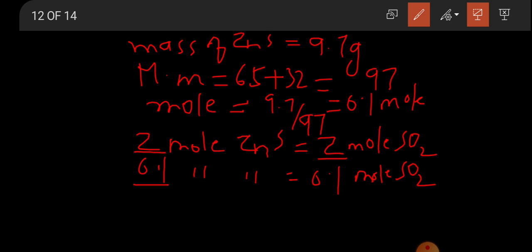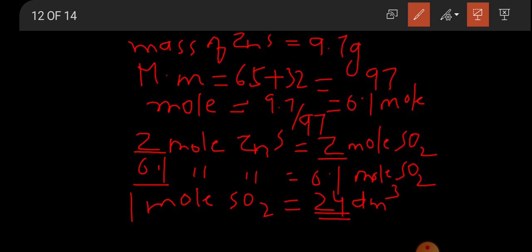Now we must know what is the volume of 1 mole of sulfur dioxide at room temperature and pressure? That is 24 decimeter cube. This is the new information, that at room temperature and pressure 1 mole of any gas occupies a volume of 24 decimeter cube.